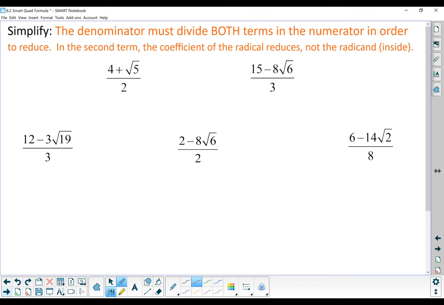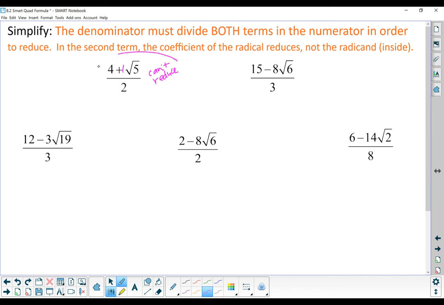So on that first answer there, 4 plus root 5 all over 2, that one is in simplest terms already. We can't reduce it. Now the 4 divided by 2 looks like maybe that could reduce, but the second one with the root 5, its coefficient is 1 and the 1 does not reduce.